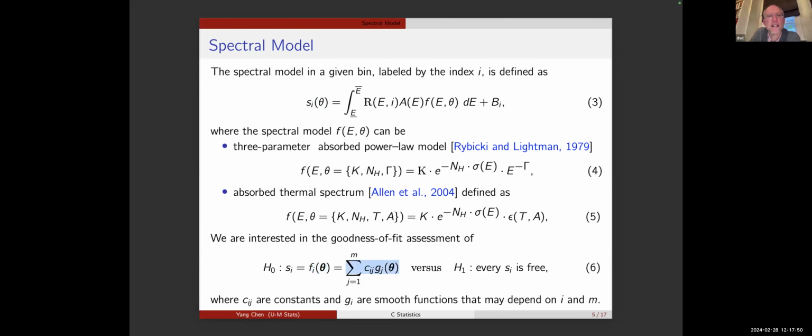Can you just tell us what some of the G's might be? I'm a little confused by this statement. The G's are actually just these terms. The Cij, you can think about it as the R, Ej, I, and A, Ej. And then the Gj is just the F of Ej theta, and F of theta can be a power law, or this kind of observed thermal spectrum model.